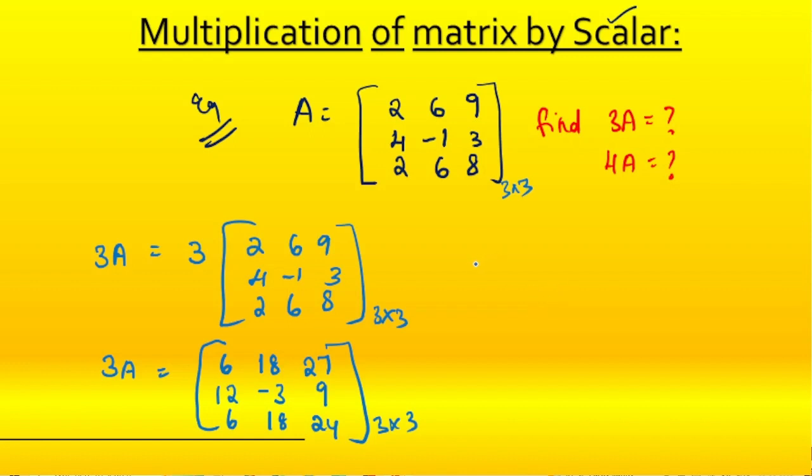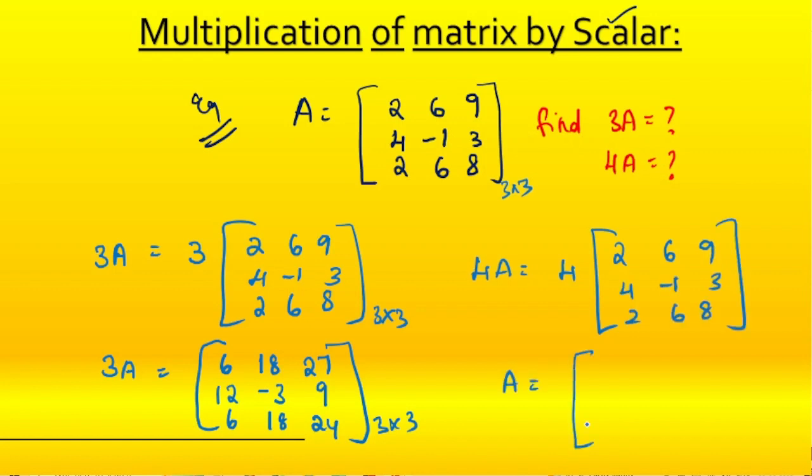Now tell me, 4A is very easy. You can yourself tell what is 4A. What is your A? 2, 6, 9, 4, minus 1, 3, 2, 6, 8. So now multiply by 4 and you will get 4A.